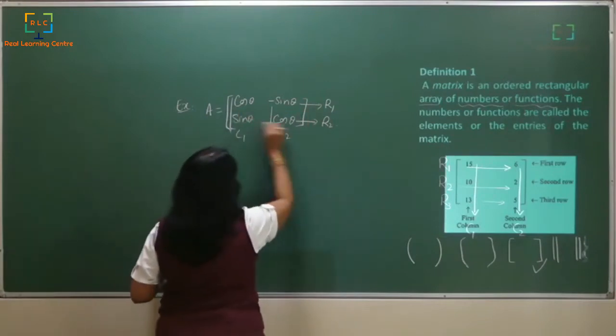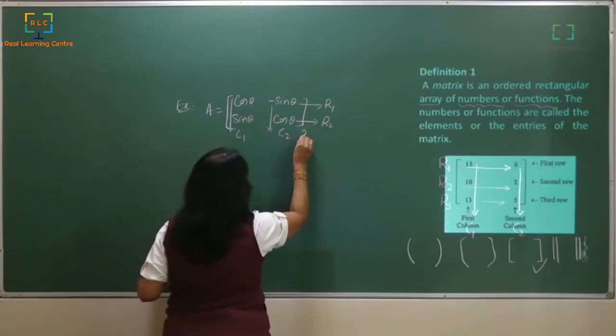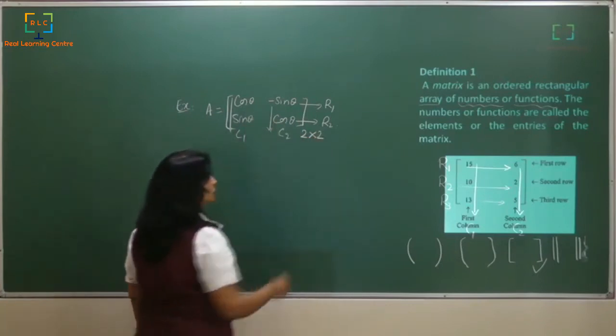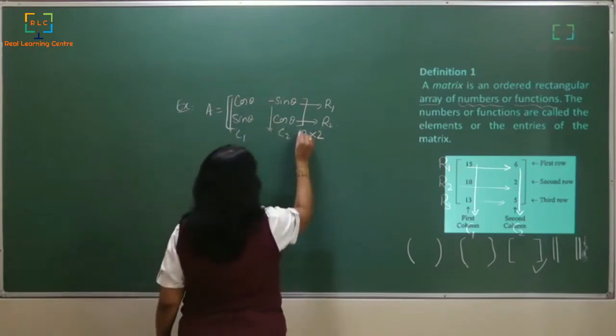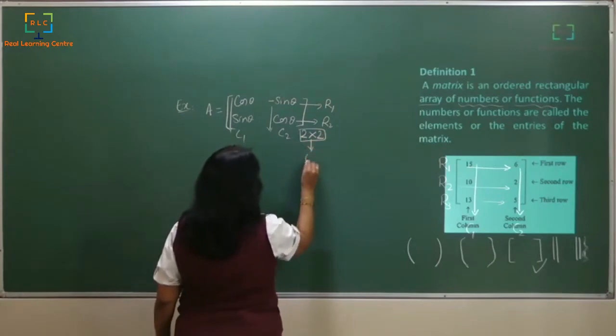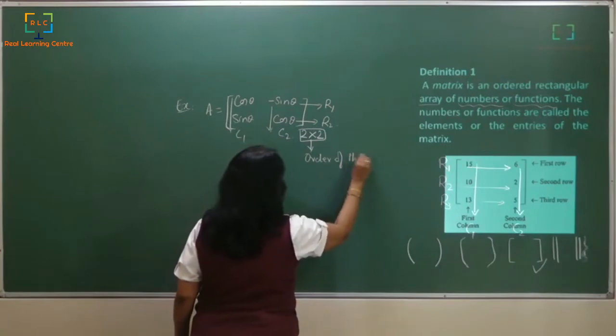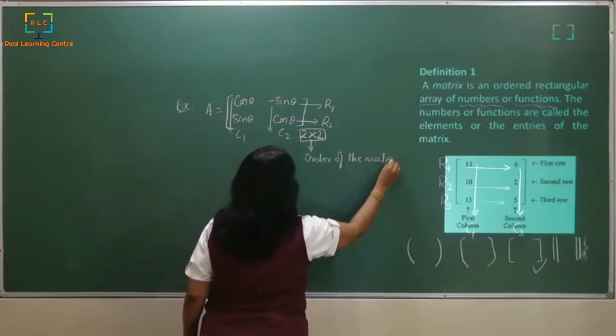It has 2 rows and 2 columns, so it is 2 cross 2. When I write this 2 cross 2, it is called the order of the matrix.